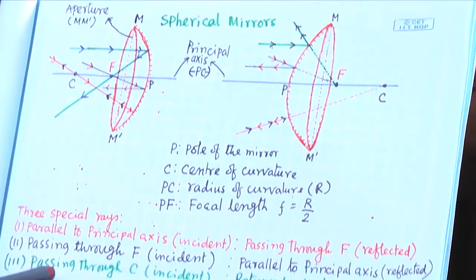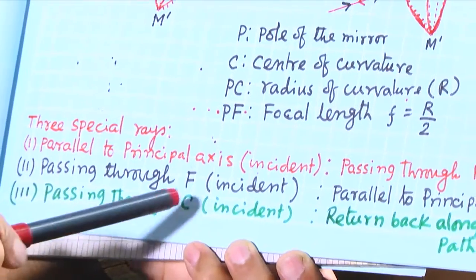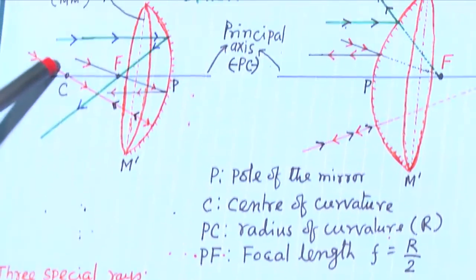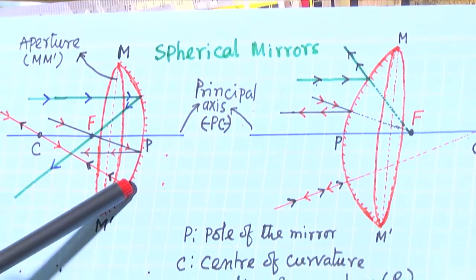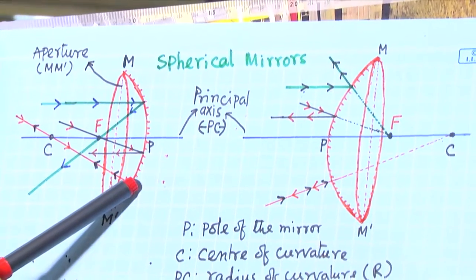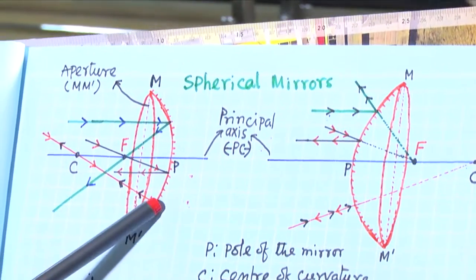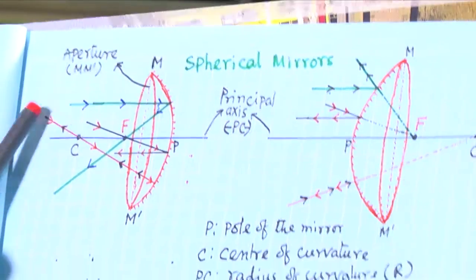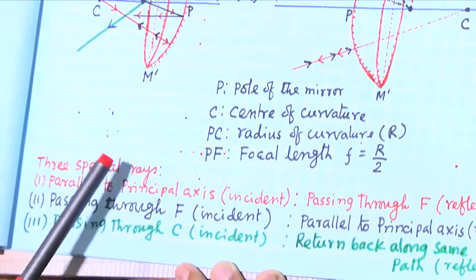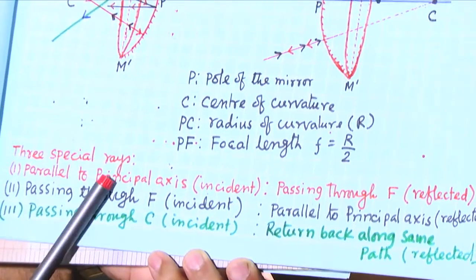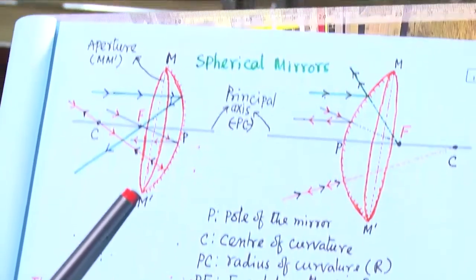Third one is, if the incident ray passes through C and falls on the mirror, then it will be reflected along the same path. So these three special rays that I told you follow the laws of reflection, right.